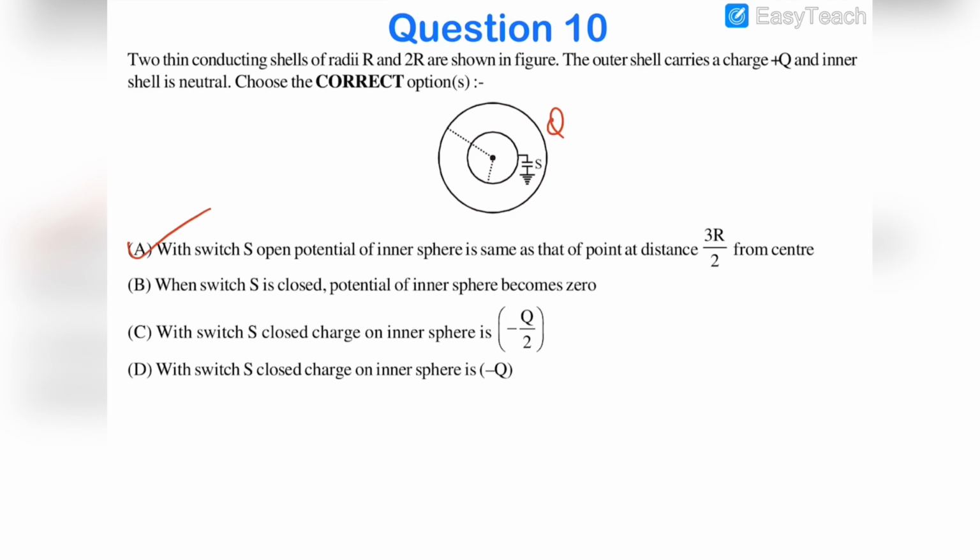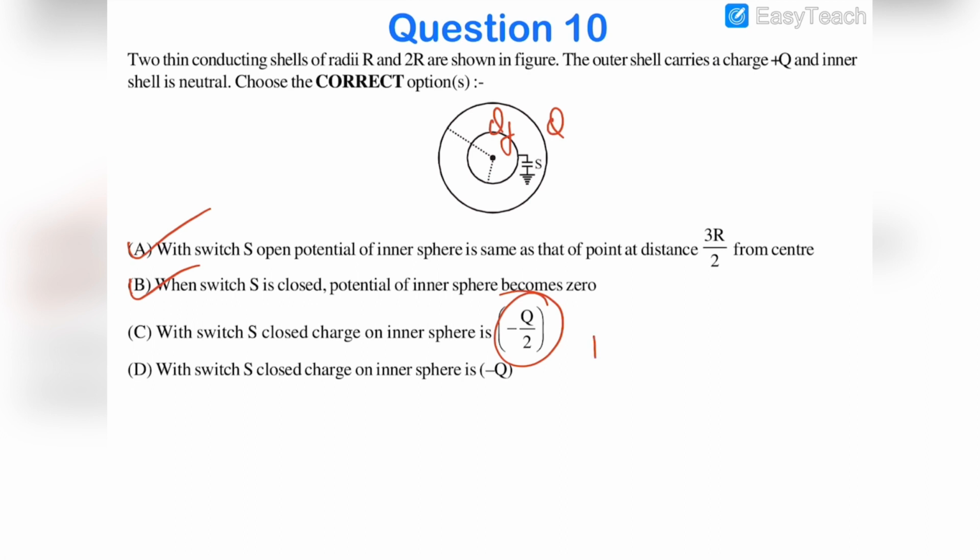Now when S is closed, the potential of the inner sphere will become 0, obviously, because we have grounded it. Let us suppose that a charge of qf flows from the ground onto the inner sphere so that its potential will be 0.